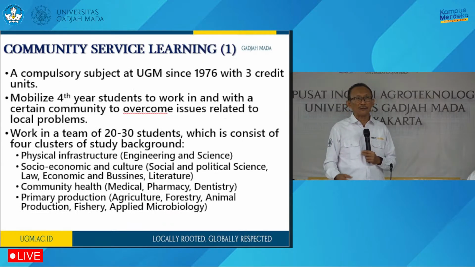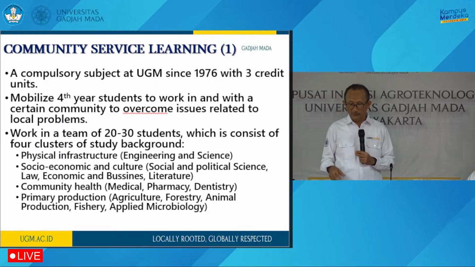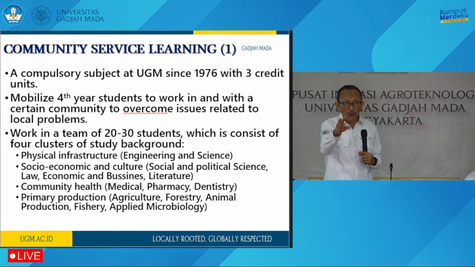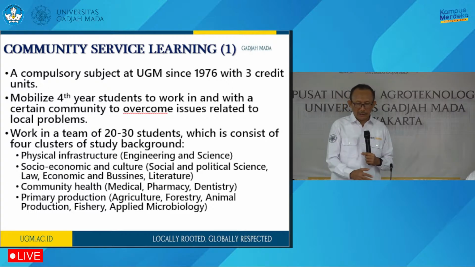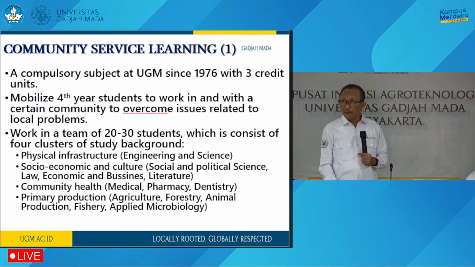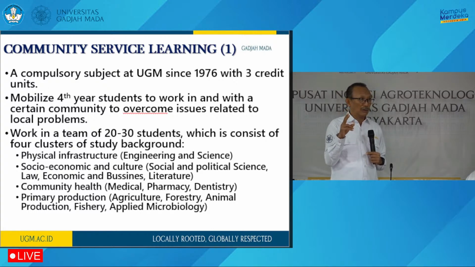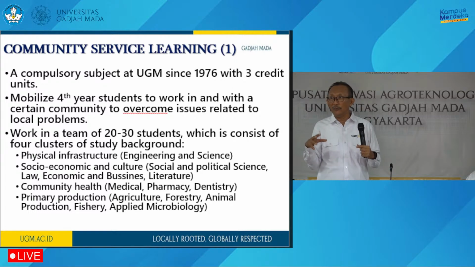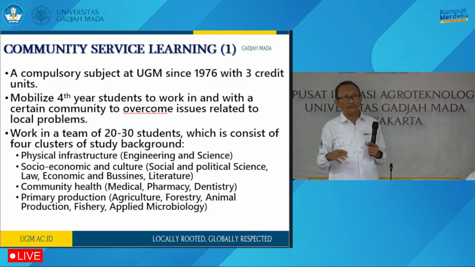It mobilized 4th-year students before graduation to work in, not to work for, to work with the people, the community, to overcome issues related to local problems. They are not alone. They come to a community, to a village, with a group of 20 to 30 students.